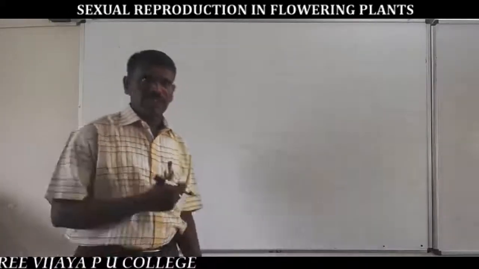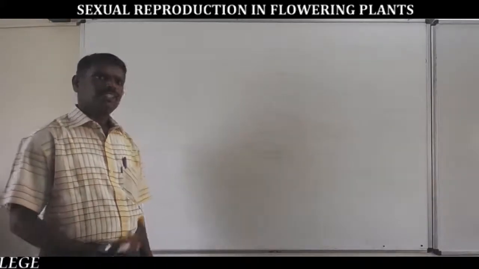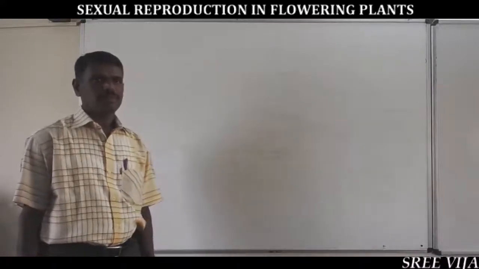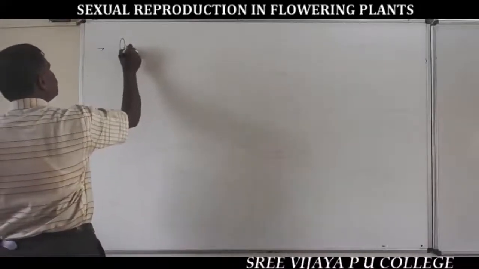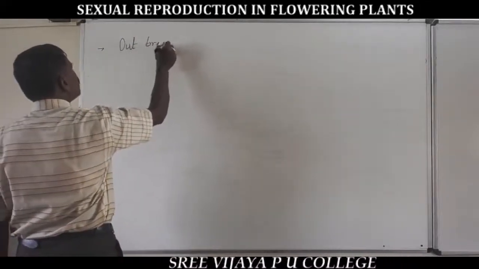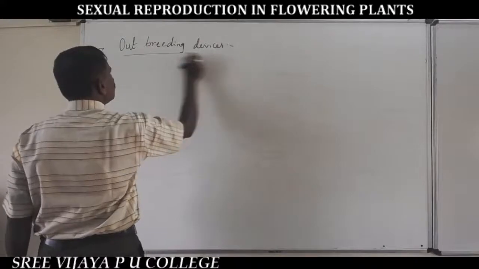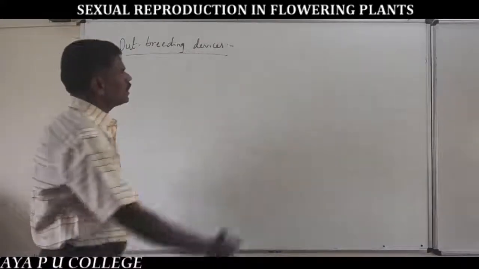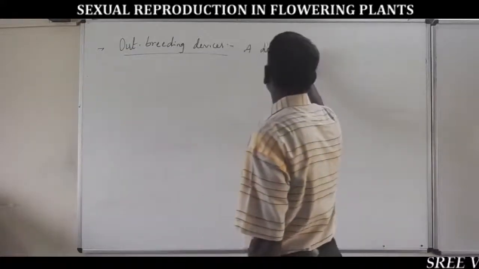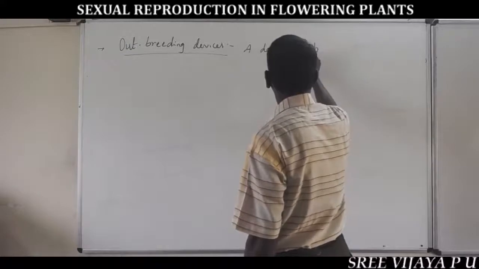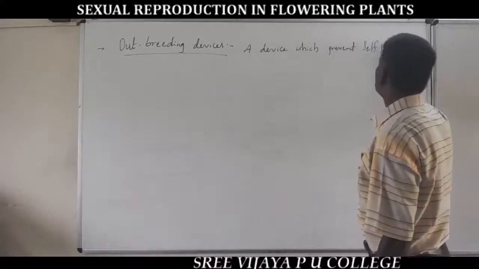We have discussed the different characters of wind-pollinated, water-pollinated and entomophilic flowers. Sometimes there are outbreeding devices, which are devices that prevent self-pollination.